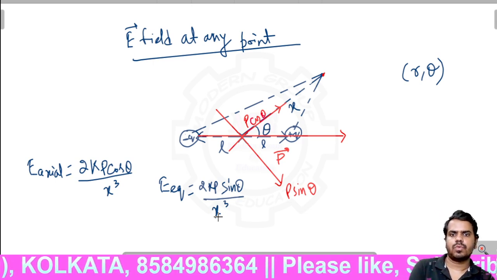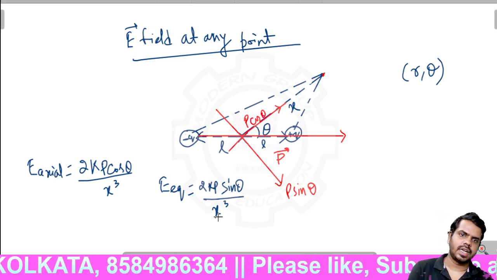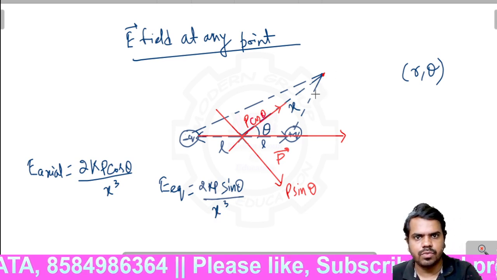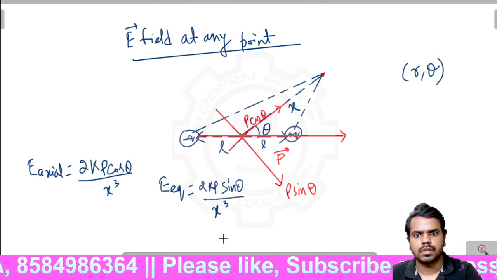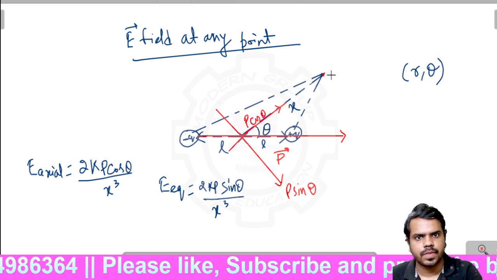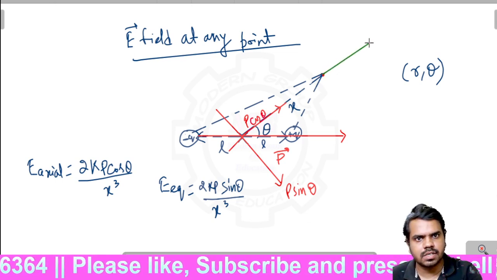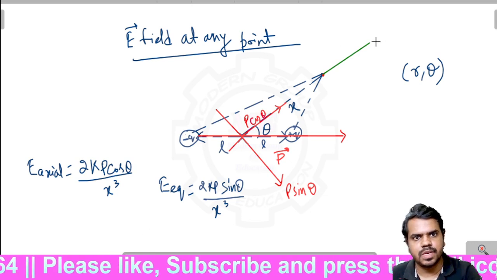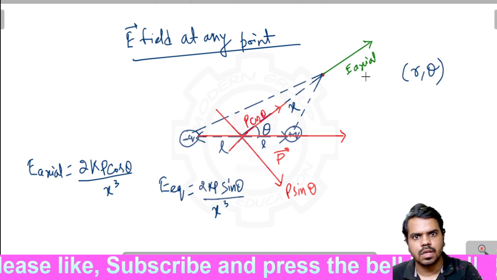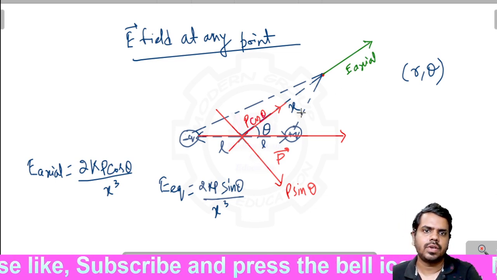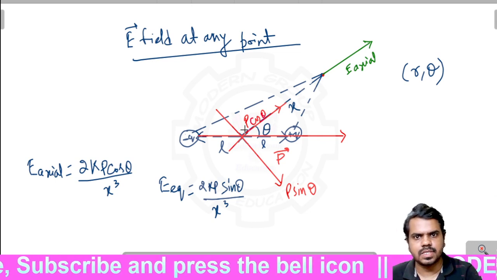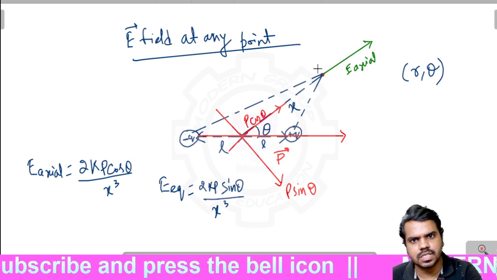Now you have to find the actual E from E net. The E axial will be in this direction; I am drawing the direction of E axial. For p cos theta, this is E axial, and for p sin theta, the equatorial direction will be in this direction.